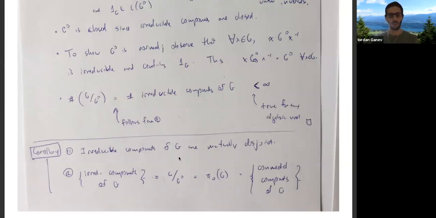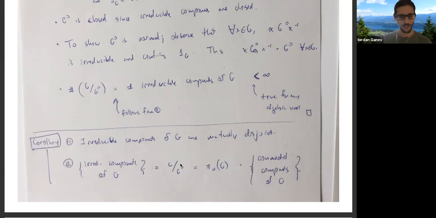In this setting, it's actually a group. For a general topological space, the zeroth homotopy, quote unquote, group is not a group. But since G itself is a group, the zeroth homotopy group is a group. So it's kind of cool. Anyway, I don't know if you appreciate my sense of humor, but that's what happens.